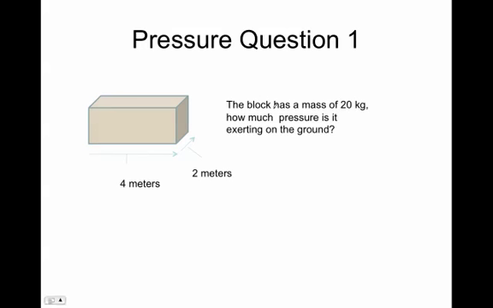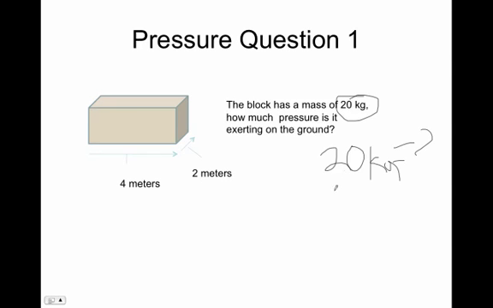Let's review pressure again. Sometimes pressure doesn't have to be as tricky. For example, in this question, we know what the mass of the block is. And so we don't need to find the volume. And we know the mass. So if it's 20 kilograms for mass, how much force is that? Okay, well, 20 kilograms equals how much force?